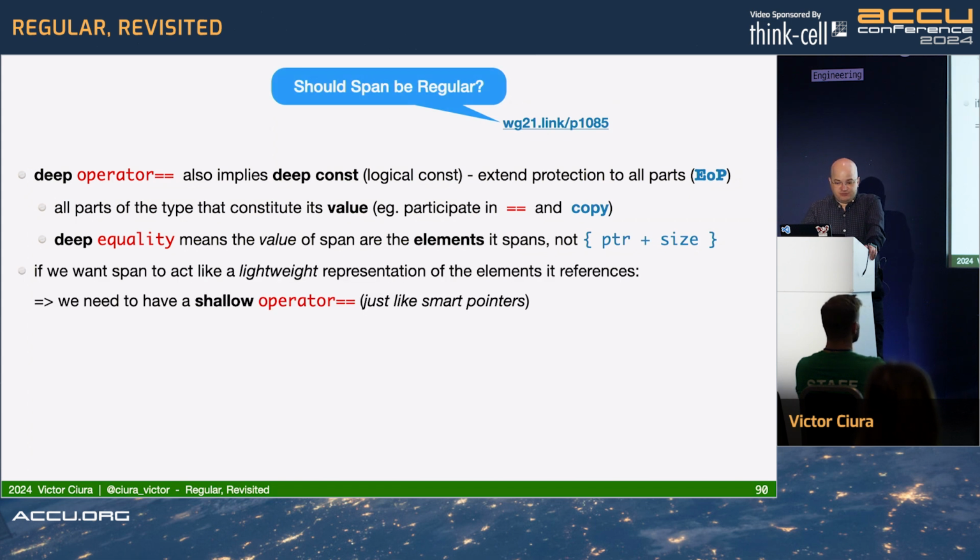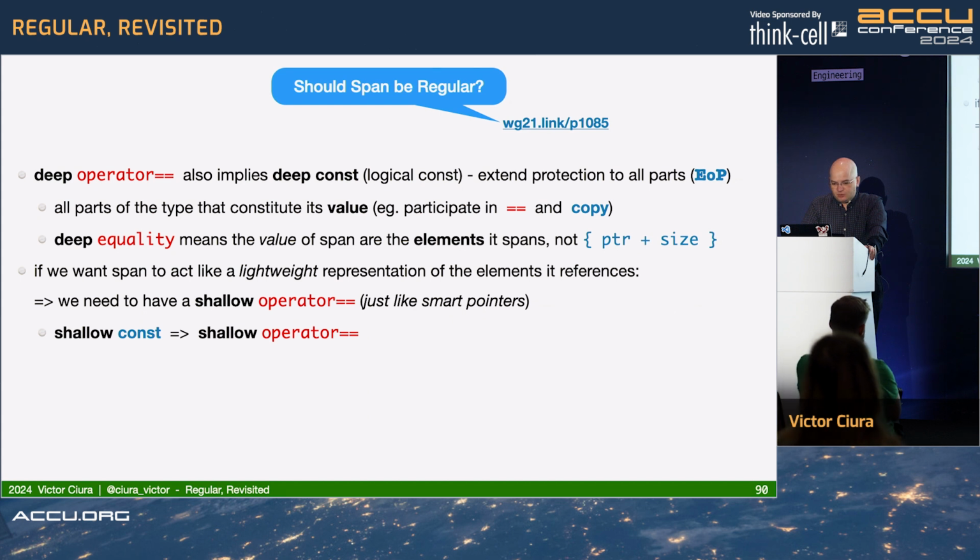So if we want span to act like a lightweight representation, then we need to have shallow equality, just like we do for smart pointers, for example. By the way, people sometimes think of them as some kind of box, like a smart pointer. So shallow const implies shallow equality.